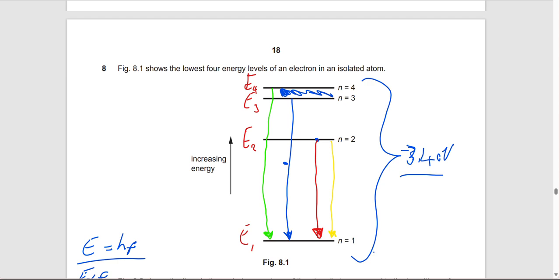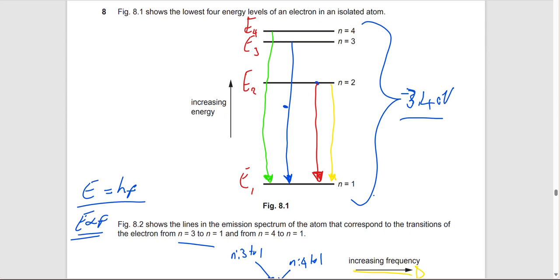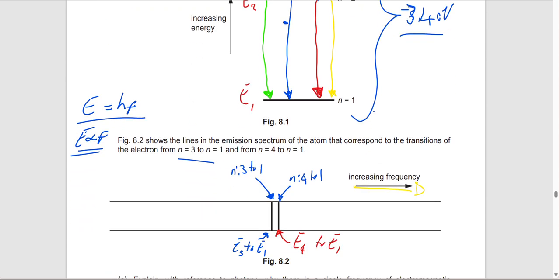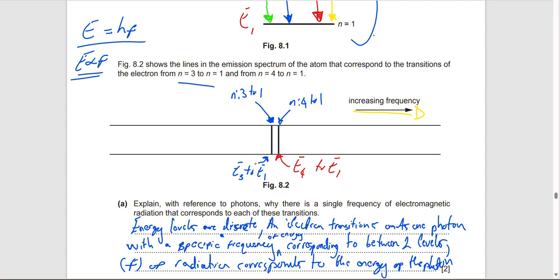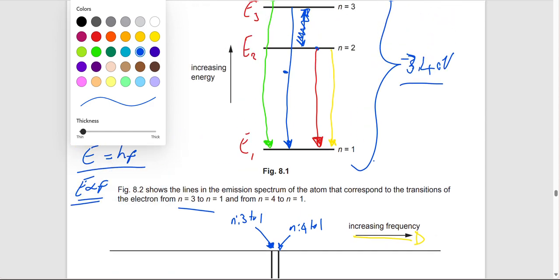It's going to be a different case for n equal to 2 to n equal to 1, because this distance is greater. So it's going to be a greater shift in frequency from this line E3 to E1. Right? So we're going to indicate that line, which is in red.